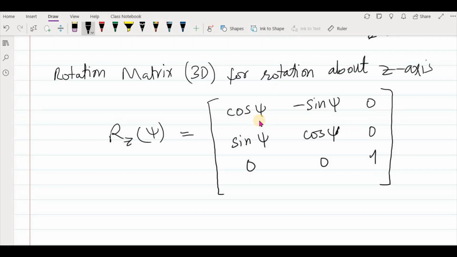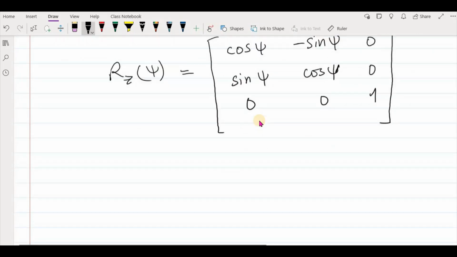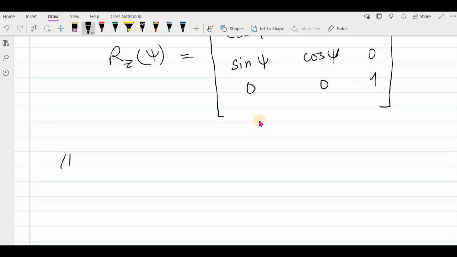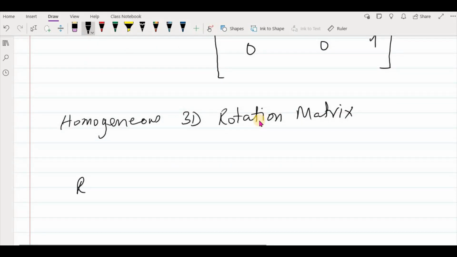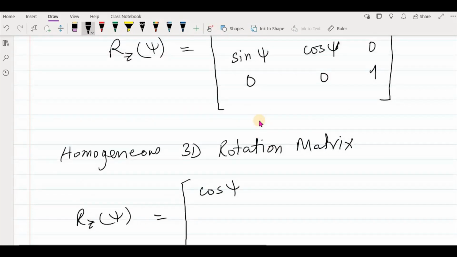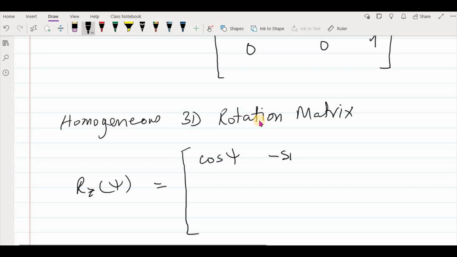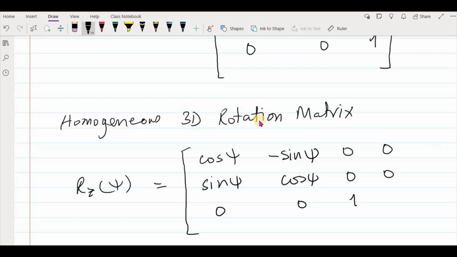Okay, and also if you want to write this as a homogeneous (3D) rotation matrix, you can write it also like this: Rz of psi is equal to cosine of psi, then minus sine psi, and then 0, and you have here sine psi, cosine of psi, and then 0, 0, 0, 1, and here you have to add one more column and also one more row here.